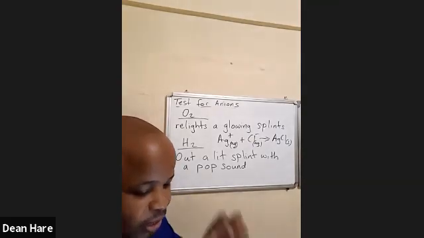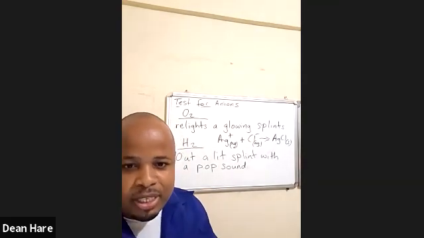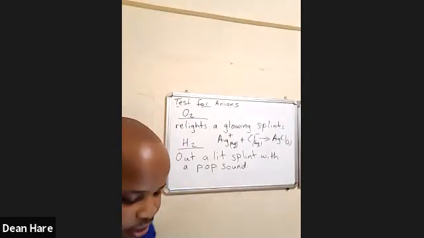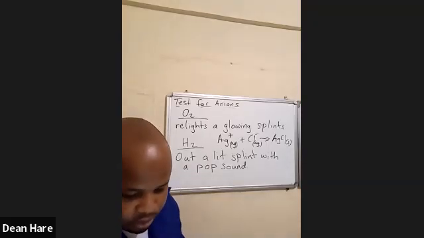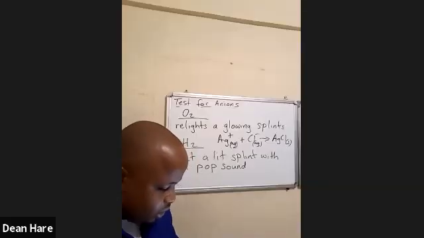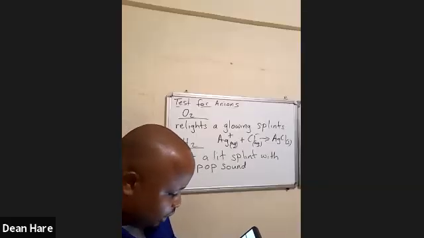It also said that it turns blue litmus red, which means that it is acidic. You wouldn't put oxygen; you would just work with NO2. So a brown gas was produced, and we say nitrogen dioxide is present.